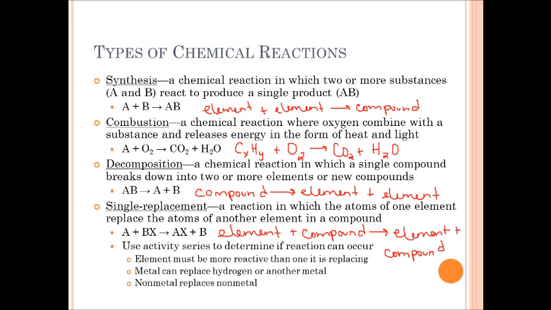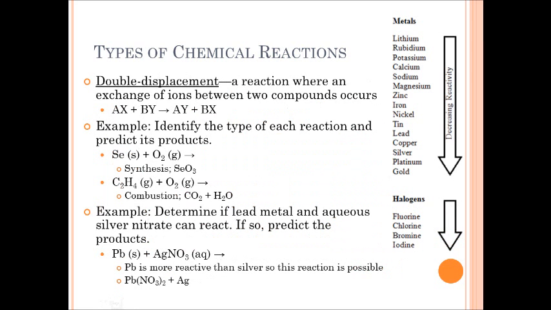We'll see that in a second. But the element that is trying to replace the other one must be more reactive. And typically metals will replace hydrogen or another metal, and a non-metal will replace a non-metal. A metal cannot replace a non-metal.